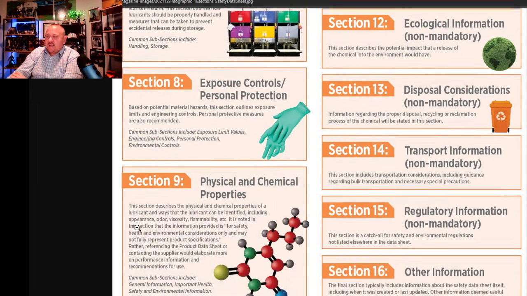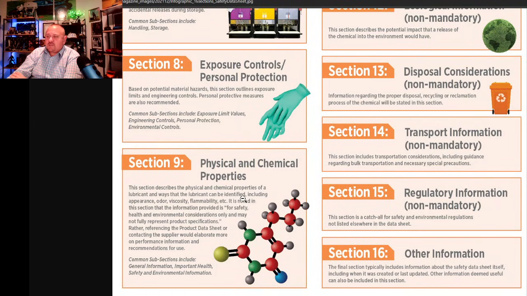Section 9, physical and chemical properties. This section describes the physical and chemical properties of a lubricant, what they're using here, or any chemical, and ways that the chemical can be identified, including appearance, odor, viscosity, flammability, etc. It is noted in this section that information is provided for safety, health, and environmental considerations only and may not fully represent product specifications.